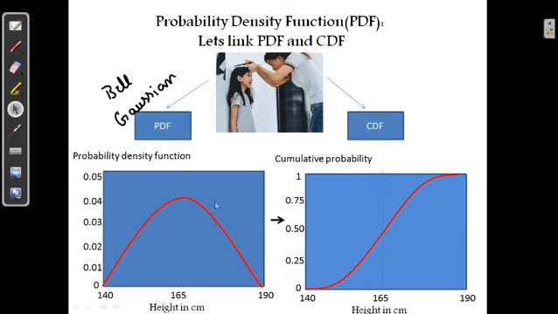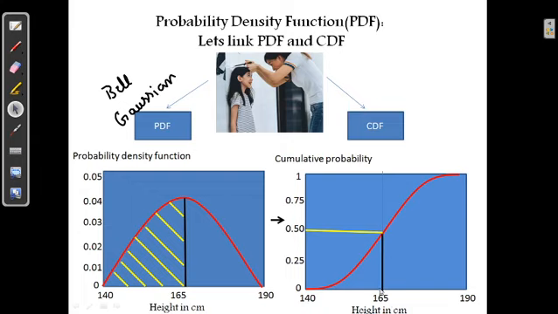From this PDF you are able to get a CDF. Let us consider this is 165 centimeters. From 140 to 165 centimeters you have covered this area, and in the CDF, what does it indicate?